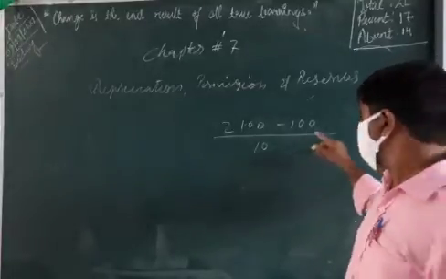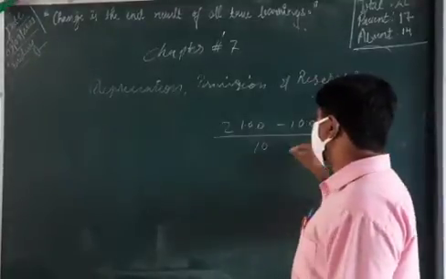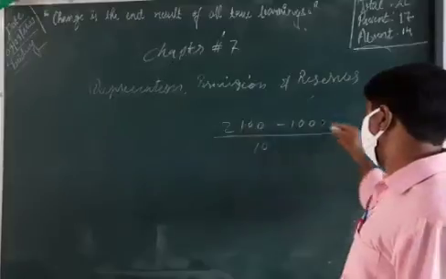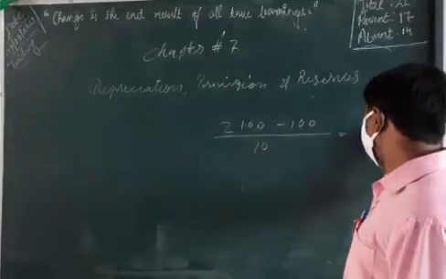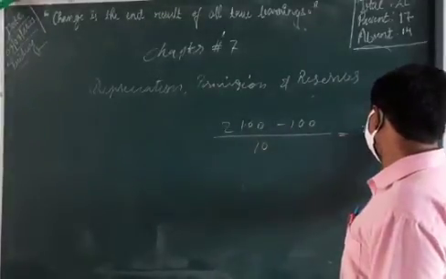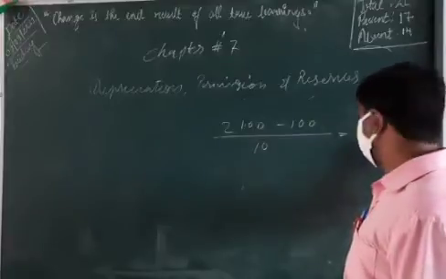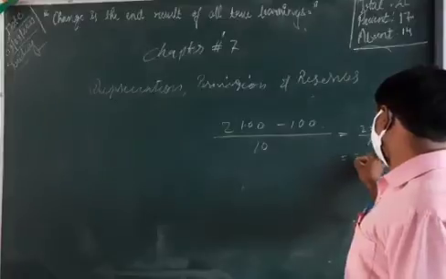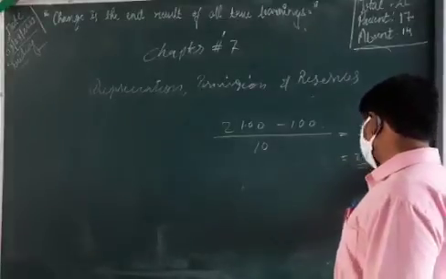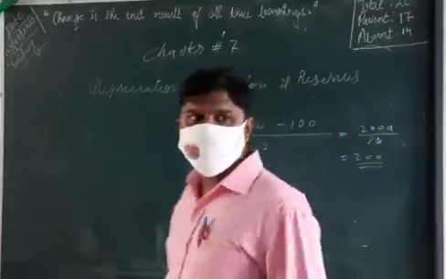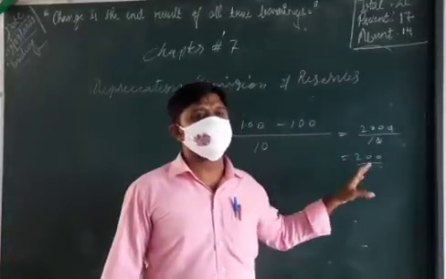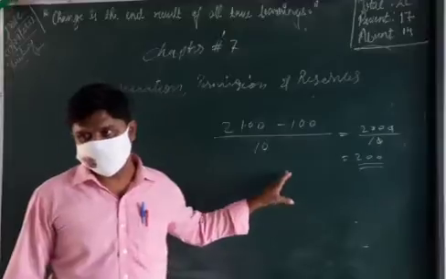So according to this, depreciation is 2,100 minus 100. How much is that? 2,000. Yes. Upon 10. How much is that? 200.